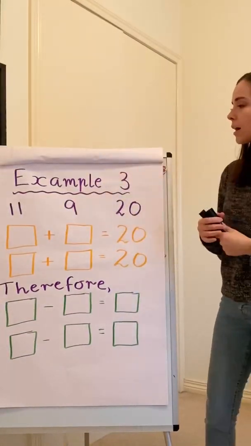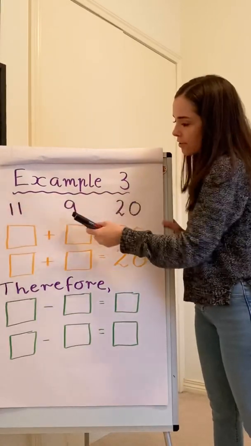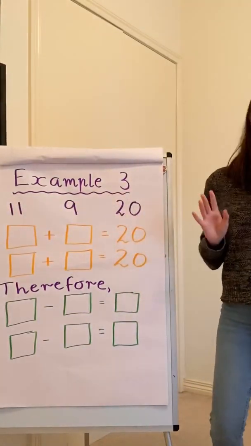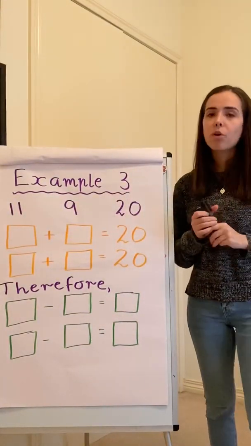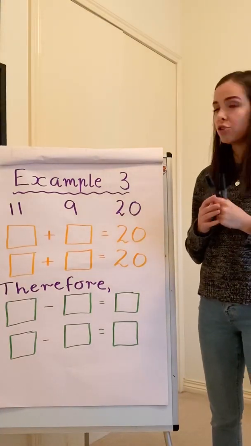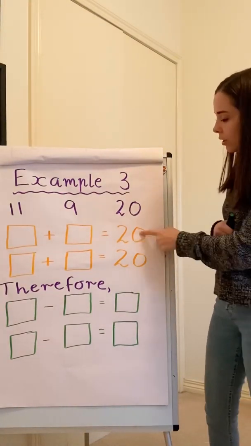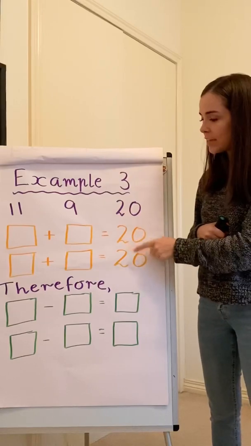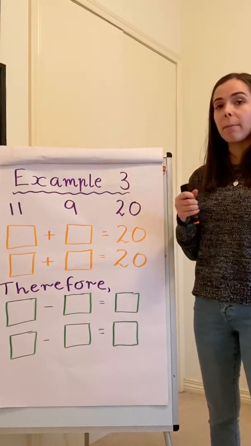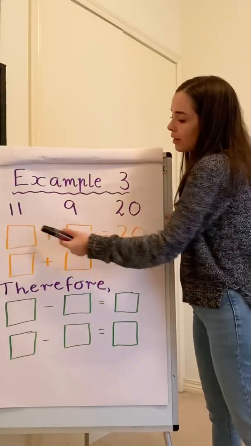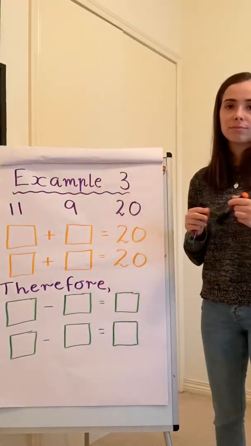This time we've got the numbers 11, 9, and 20. So I want you to think about what the first thing we need to do is. I've given you a clue. I've got the biggest number because remember at the end of our addition, it's the total number. So think about what numbers I could put here and here.